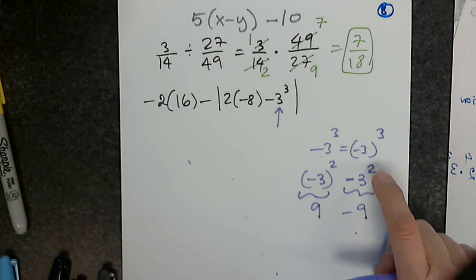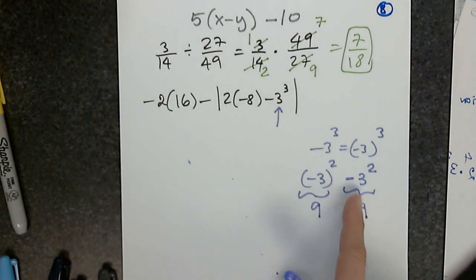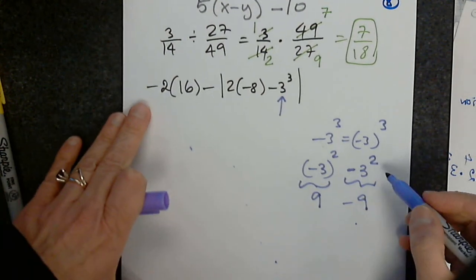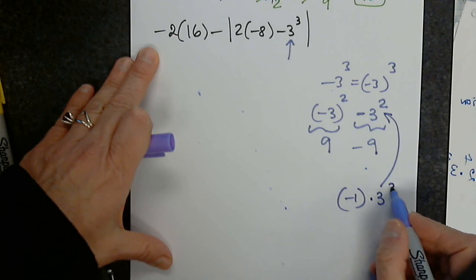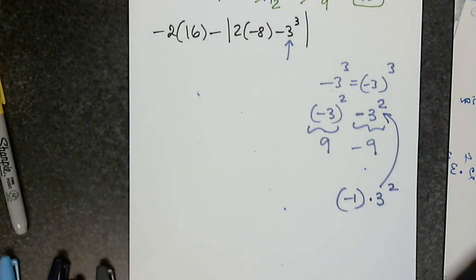This says I'm raising 3, and the result gets multiplied by negative 1. So understand that this means negative 1 multiplied by 3 squared. I cannot assume that I square this, because this power does not touch this. This power touches this. But this power does not touch this.